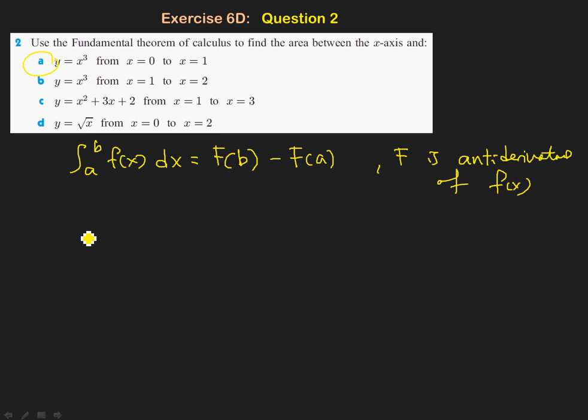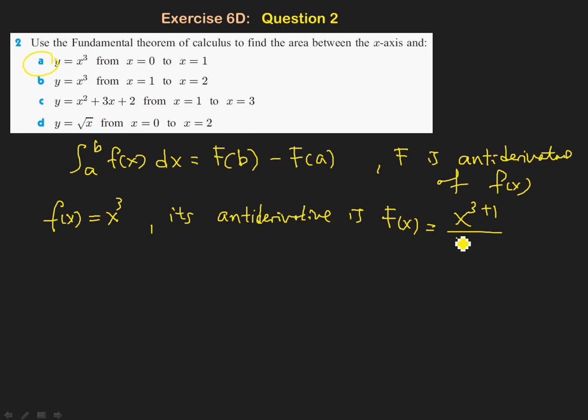So okay, now first we need to find the antiderivative. Clearly f(x) is x cubed, and its antiderivative is big F(x) equals x to the power of 3 plus 1, over 3 plus 1.